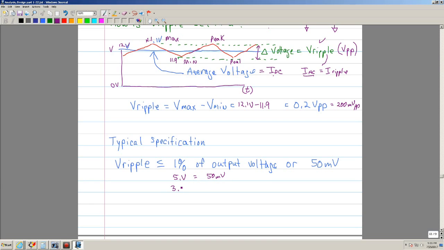If you have a 3.3, it would be 33 millivolts. If you have a 12 volt, it would be 120 millivolts, but since 120 millivolts is higher than the 50, we'll go ahead and bring this down to 50 millivolts. And this is what I'm going to be using in our example.